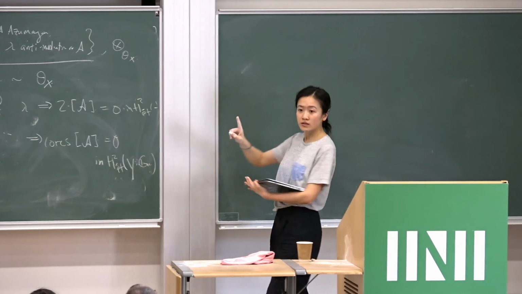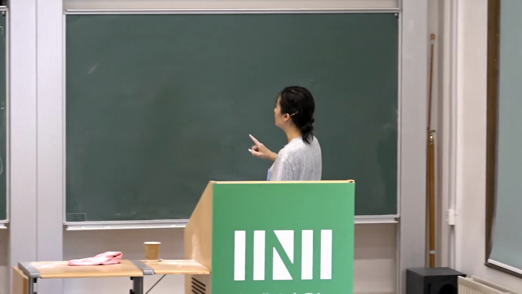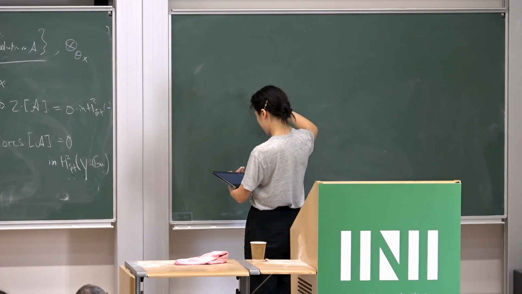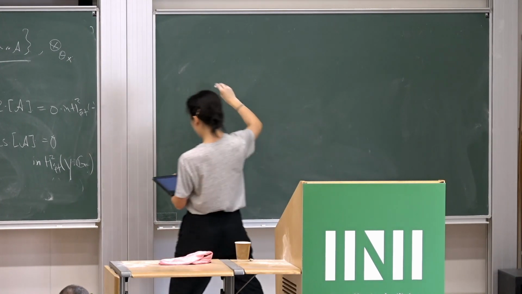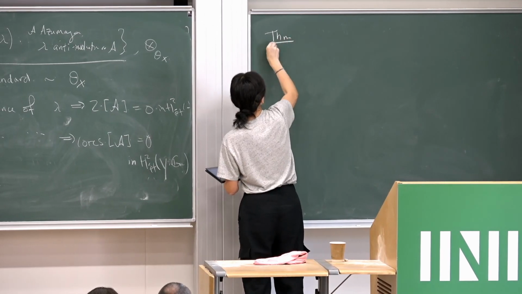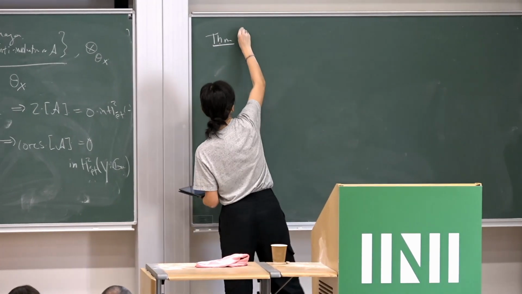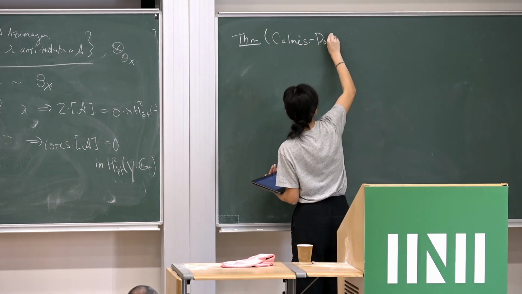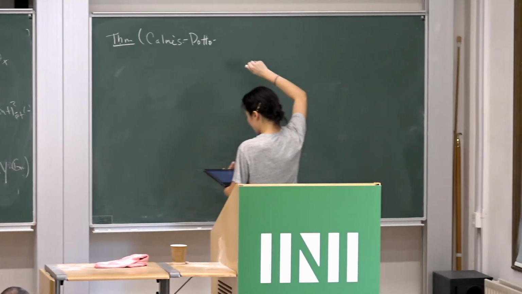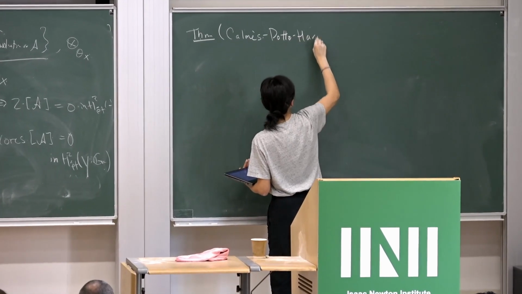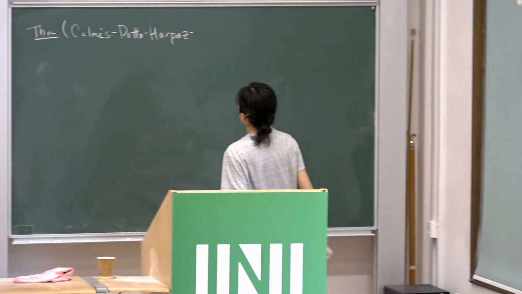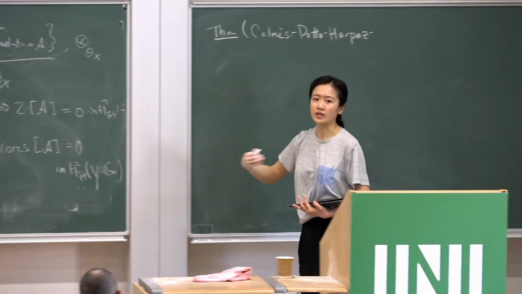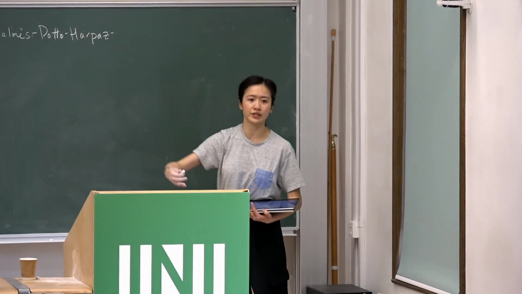A theorem due to the nine authors. As I'm writing down these names here, these nine authors have defined a suitable replacement, or enhancement, if you will, of these idempotent complete small stable linear infinity categories.